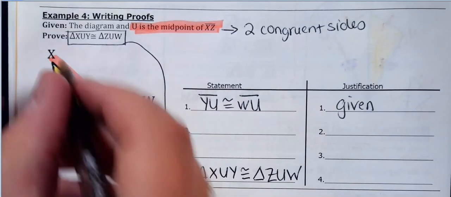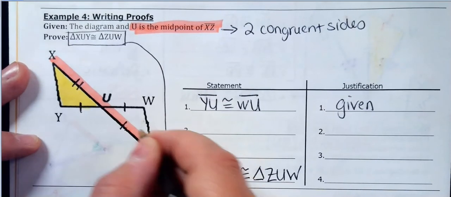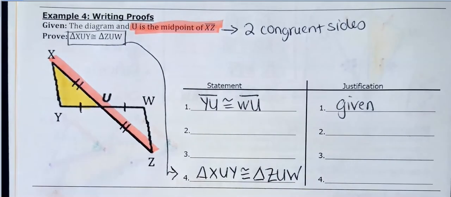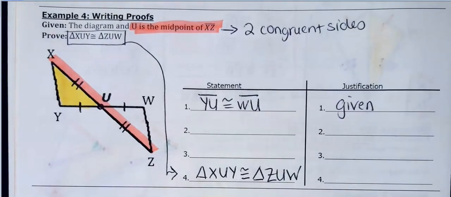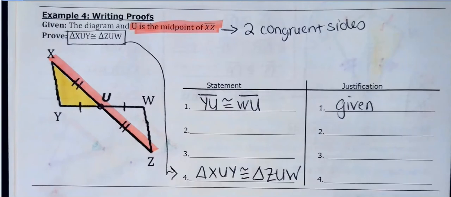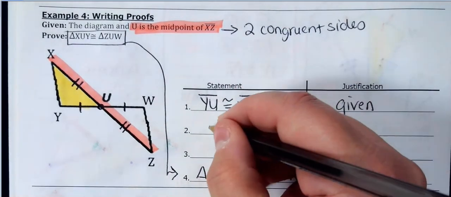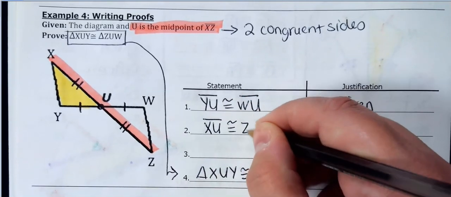So for this picture, XU and UZ. The U is right in the middle of that segment, so that splits it into two equal segments when you have a midpoint. So anytime the directions say something is a midpoint of something, it's going to give you two congruent segments in the diagram. So I'm going to write XU is congruent to ZU.